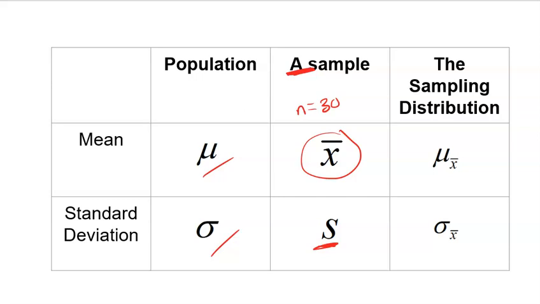But what we're going to focus on in this video is, of course, the sampling distribution. And this is where symbols can sometimes get confusing. I'm going to do my best to explain them to you. Now we're talking about a mean of all means, because we're not talking about one sample mean. We're talking about a sample after a sample after a sample, a mean after a mean. We're talking about a lot of them, and now we're talking about the mean of all those means. So this new symbol pops up.